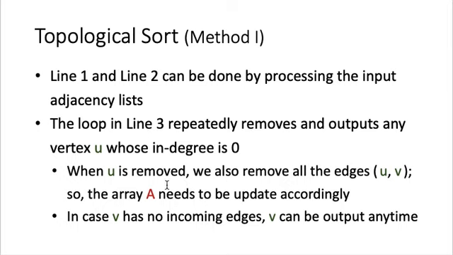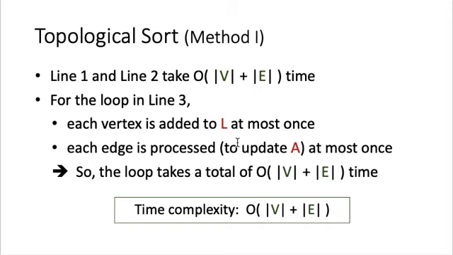So the time that we spend in line 3 is also V plus E in total. Line 1 and line 2 take V plus E, they are run once, and line 3 is a loop, but altogether the time that we spend is V plus E, so the total time is V plus E. So this is method 1.